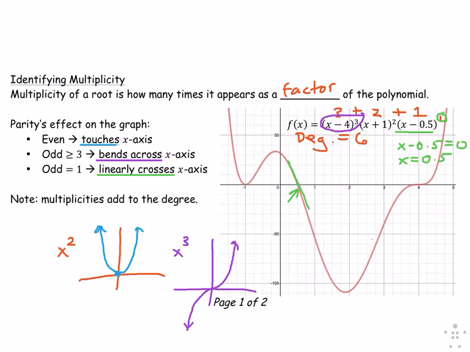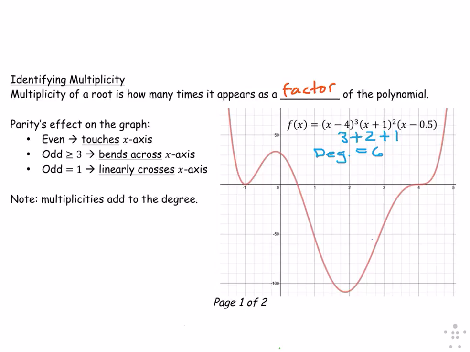So it linearly, in a way, crosses the x-axis. It might have some curvature, but it's certainly not bendy like cubic, and it's definitely not reflective, so to speak, like even. And we could think about that just like a normal line. If you had the parent graph of a linear function, it would look very similar, just kind of going straight through.